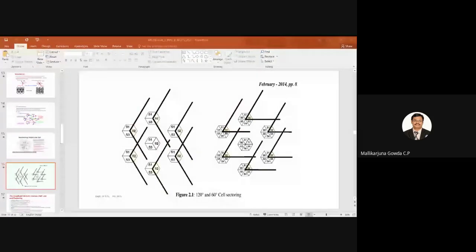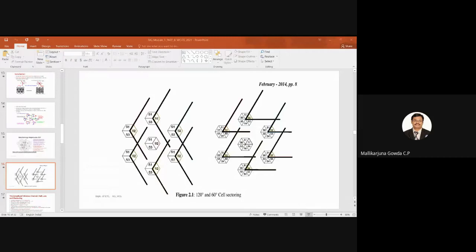I think this picture should make it clear how only these 2 co-channel cells will be interfering with the center cell. Why not the other 4 co-channel cells? Got my point.